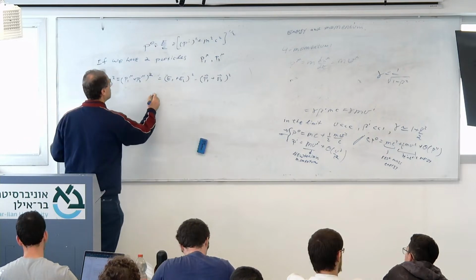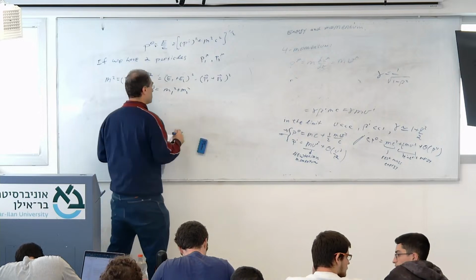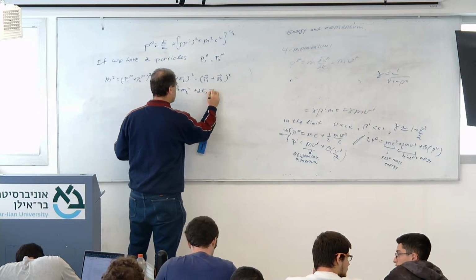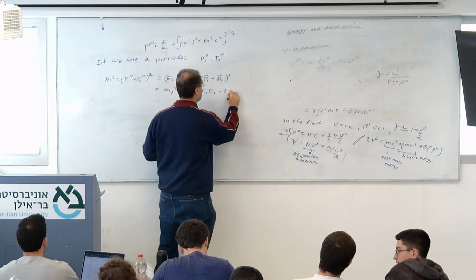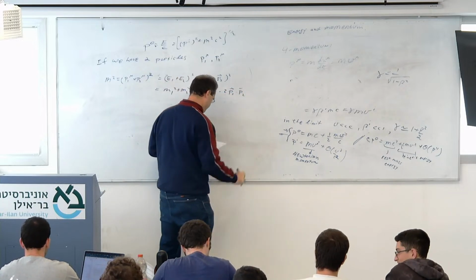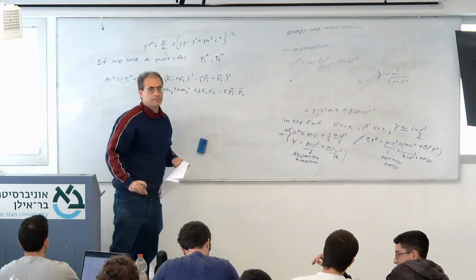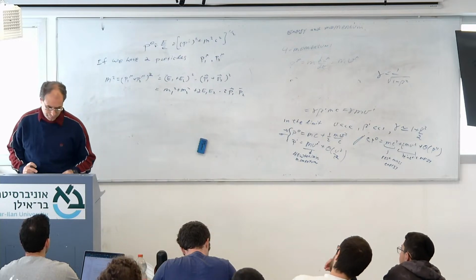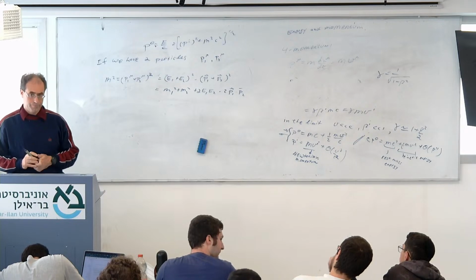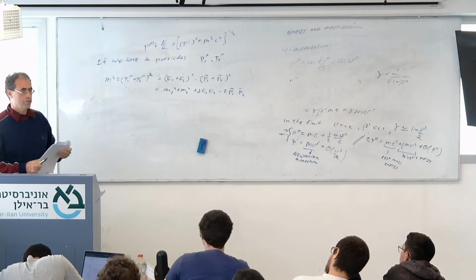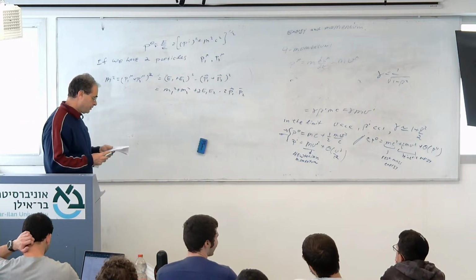So this is M1 squared plus M2 squared plus 2 E1 E2 minus 2 P1 dot P2. So the mass is not a simple sum of the two masses. Take a second to digest that, and then digest it a little bit further at home.